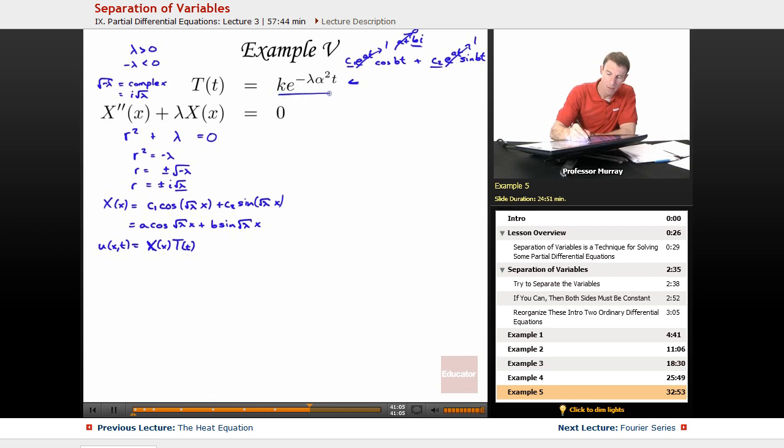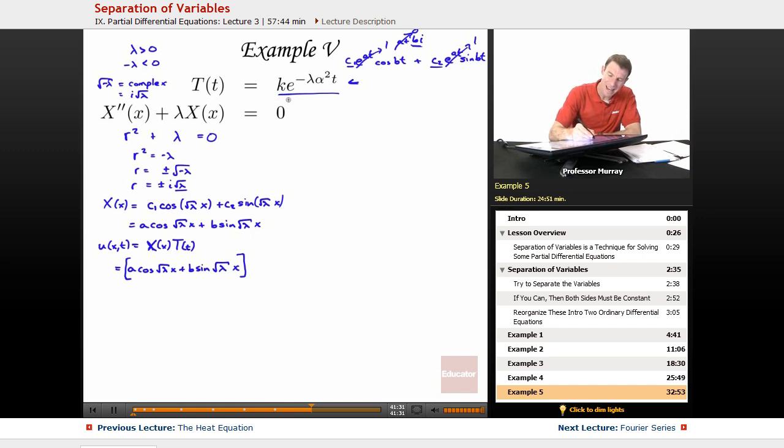There it is right there. And I figured out my X of x. So let me combine those. So that's equal to A cosine of the square root of lambda x plus B times the sine of the square root of lambda x, all times k times e to the negative lambda alpha squared t.